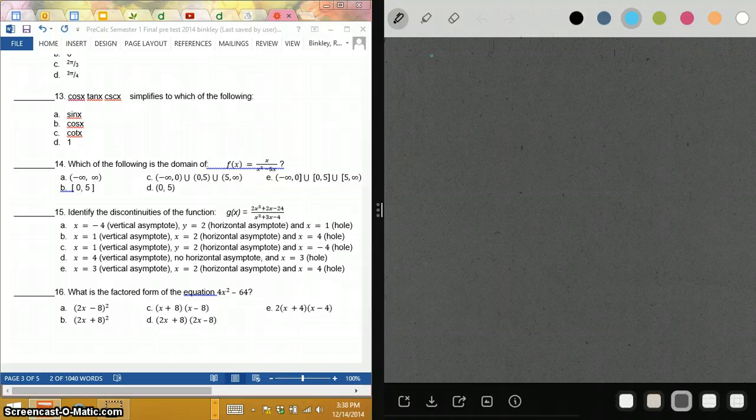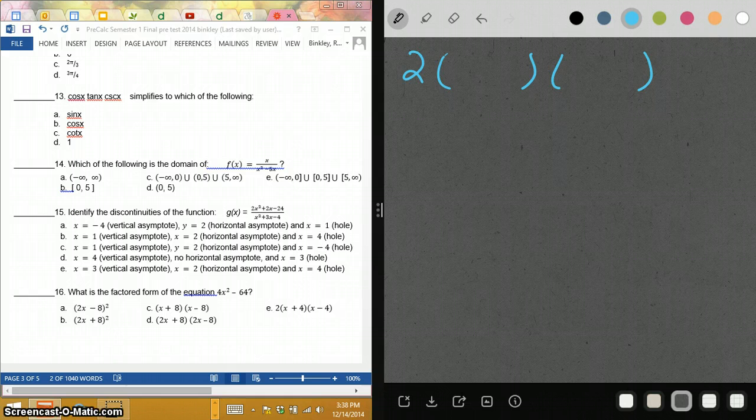So the numerator ends up factoring down to, let's see, if I factor out a 2, it is 2 times, sorry, I did this on another piece of paper.